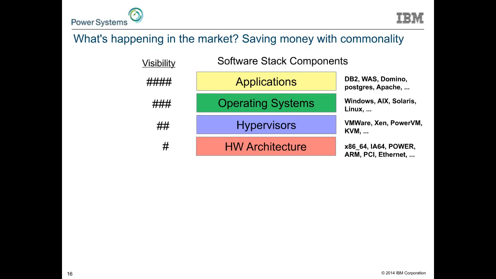Or maybe Domino would be a great example. Versus if I changed your hardware architecture but left the rest of the stack the same, fewer people probably touch or can tell the difference between platforms at the bottom of the stack than at the top. And so visibility means that as I change various components, I interject a difference.